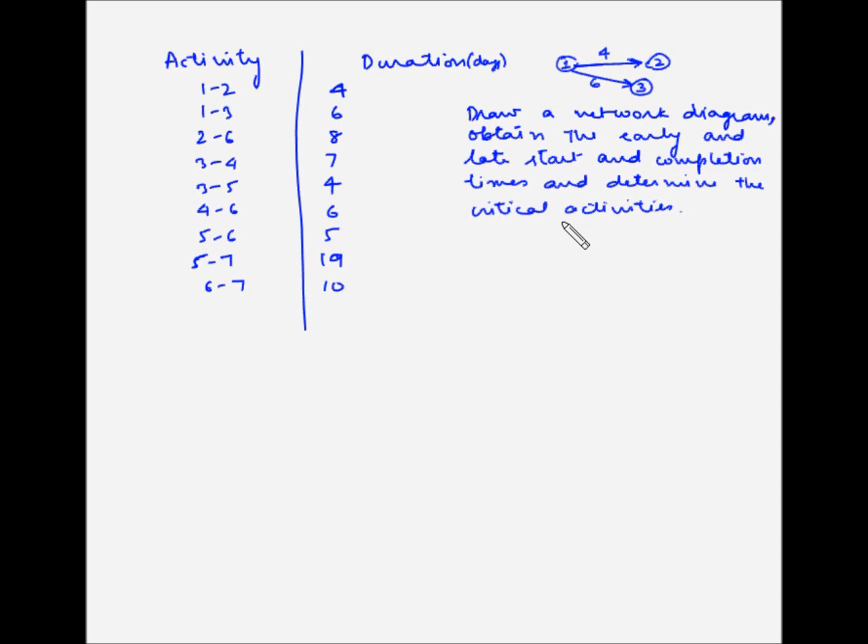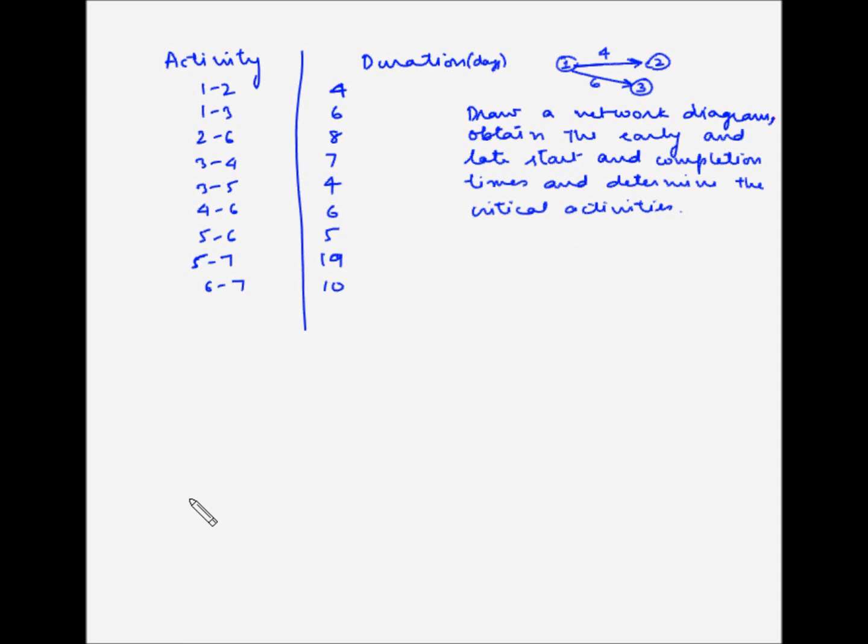Now critical activities are the activities which are on the critical path, and if we delay any of these activities, then it will impact the overall project duration. So let us first draw the network diagram, and then we'll find out the early and late start and completion times, and then from there we will determine the critical activities.